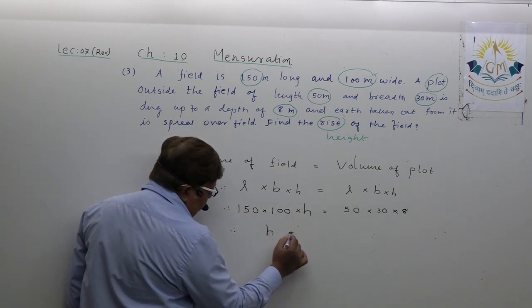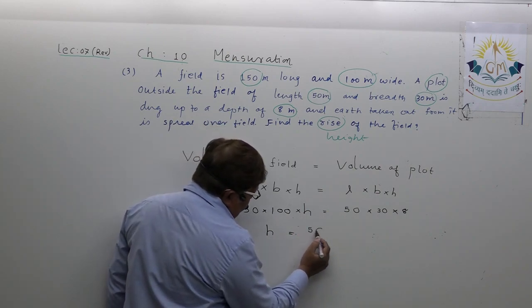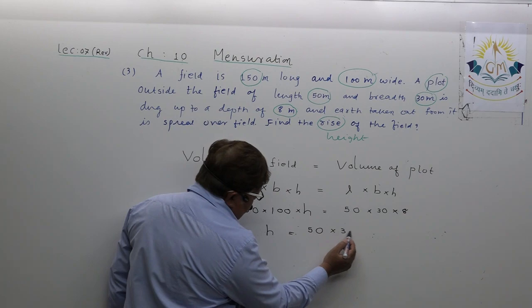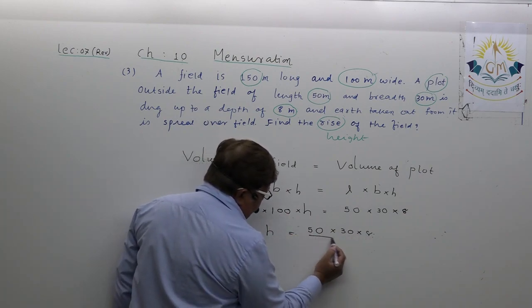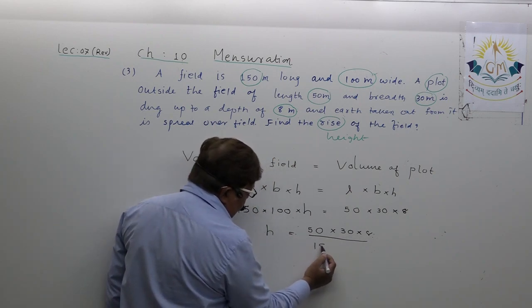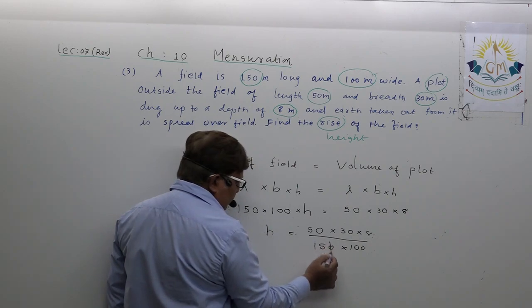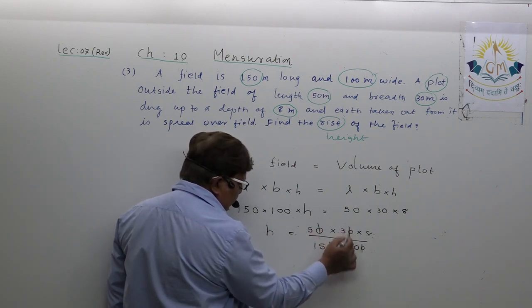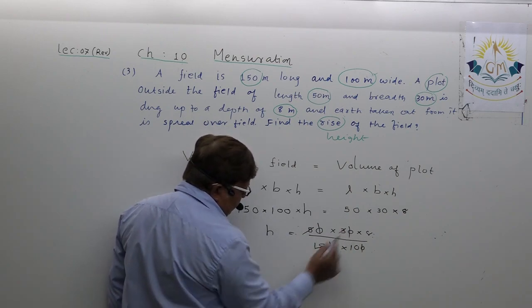So, h equals, I will write 50 into 30 into 8. Just transfer the two numbers here: 150 into 100. Just go on cancelling this. 5 threes are 15, 3 and 3 got cancelled.